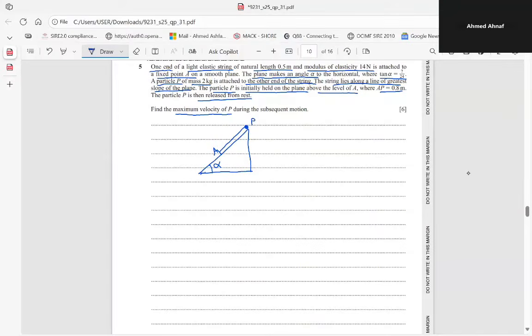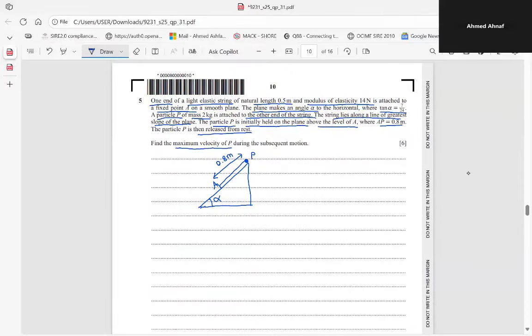So this is the particle P. So the length AP is 0.8 meters, and the natural length is 0.5 meters. So obviously there's tension in this string, okay? And since particle P has mass, its weight would be 2g.